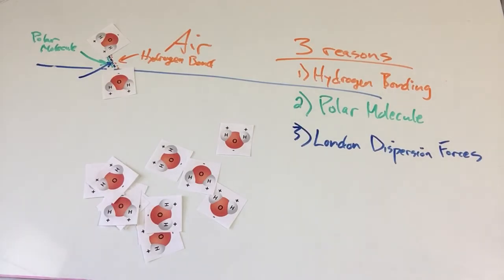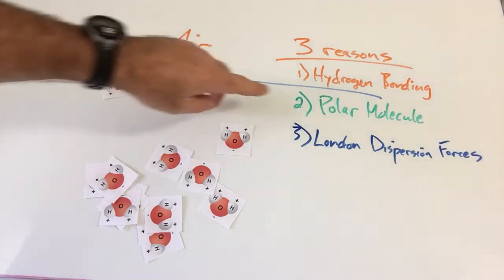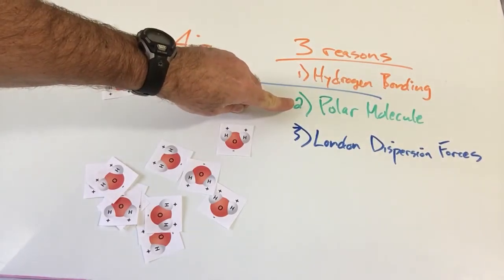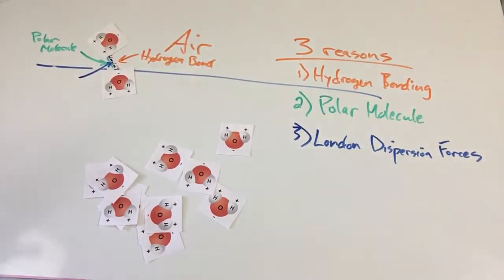Because these electrons are zipping around all the time, if you were to take high-speed photos, snap, snap, snap, and check out where the electrons are, there are times they're going to be a little more at the top of the molecule, or more at the bottom, or more at the right, or more at the left, which means technically every molecule is going to end up being instantaneously polar in some realm.